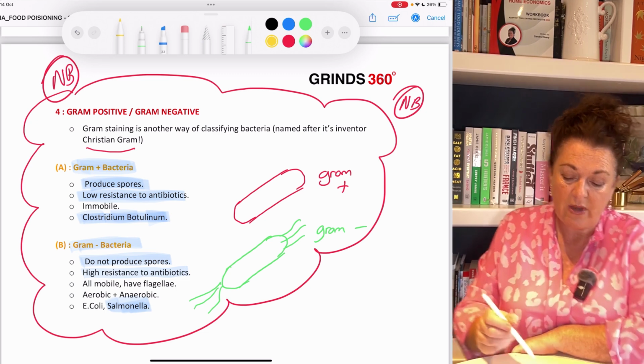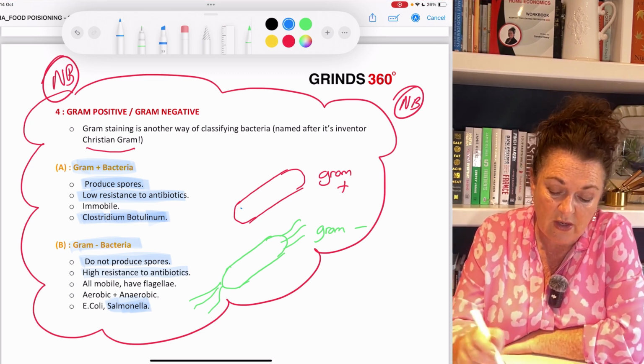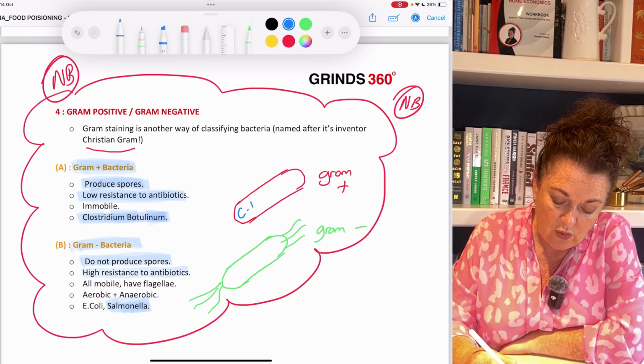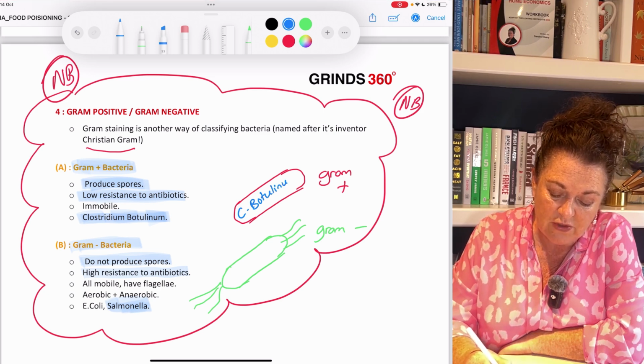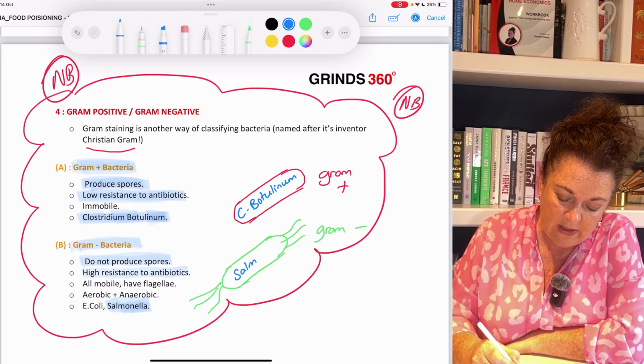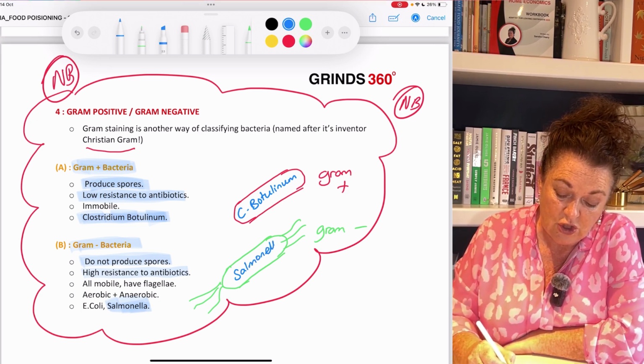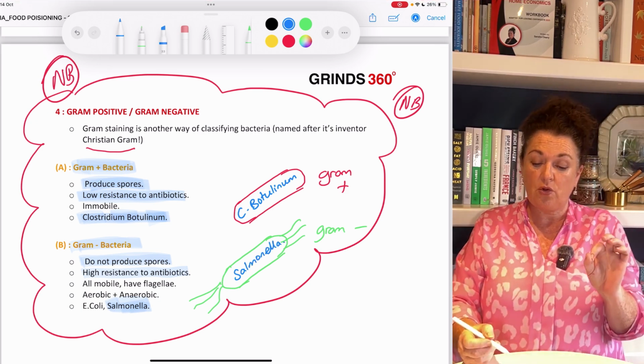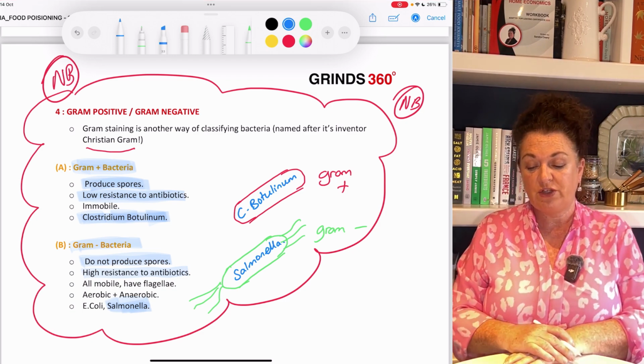So I'm going to write in the center of each. We'll write here Clostridium botulinum, I'll just write C. botulinum, and then I'm going to write salmonella here, just in case. It is on our course, so just watch that.